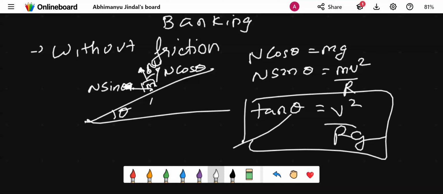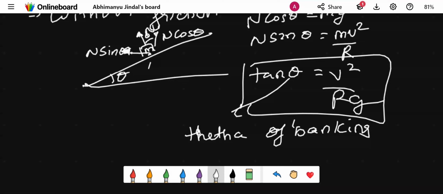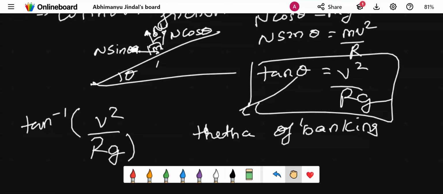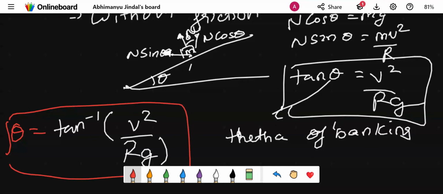So the theta of banking which is required to bank is tan inverse of v squared by rg. This was asked in one of the papers in JEE Main.